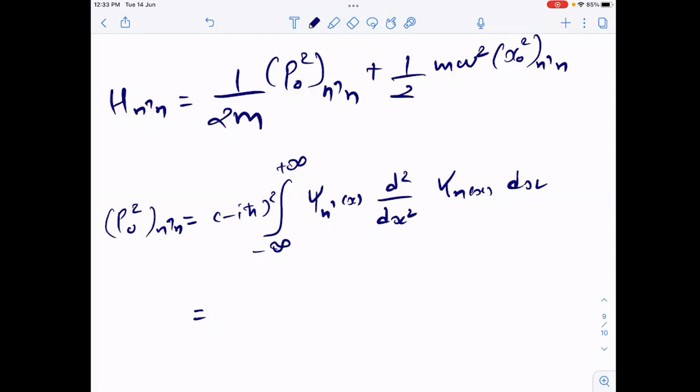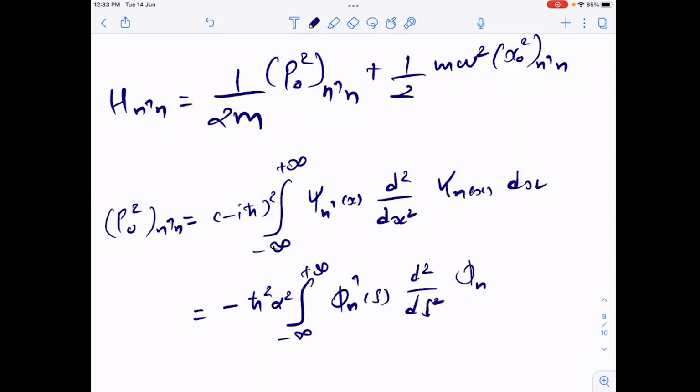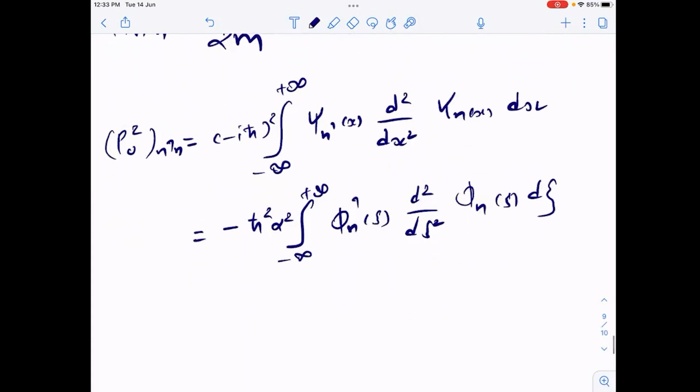So if we want to move from x to chi, we are now moving from x to chi. It will be minus h cut square alpha square integral from minus infinity to plus infinity phi n dash chi d square by d chi square phi n chi d chi, right?